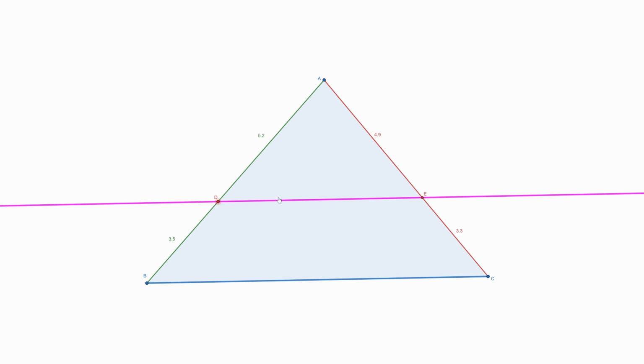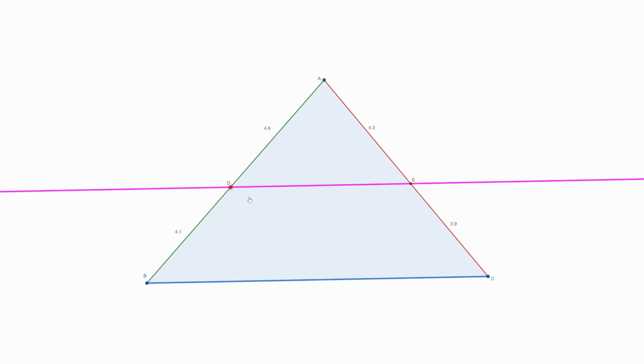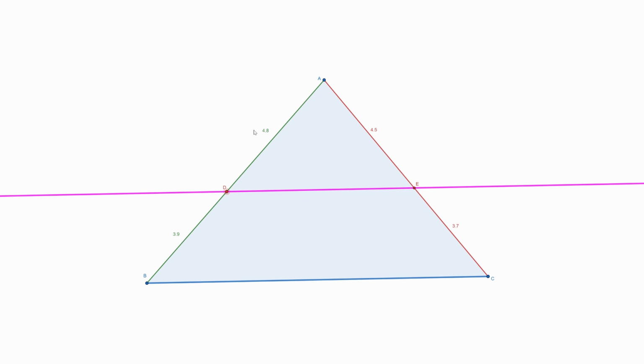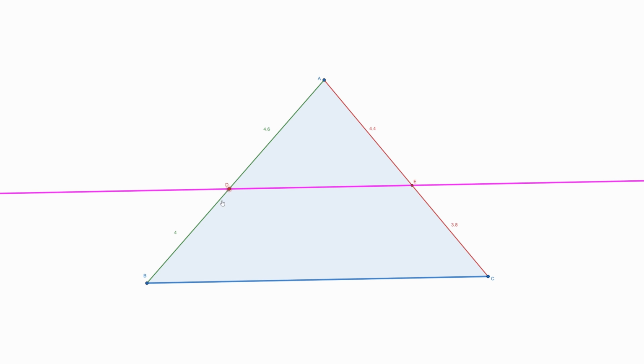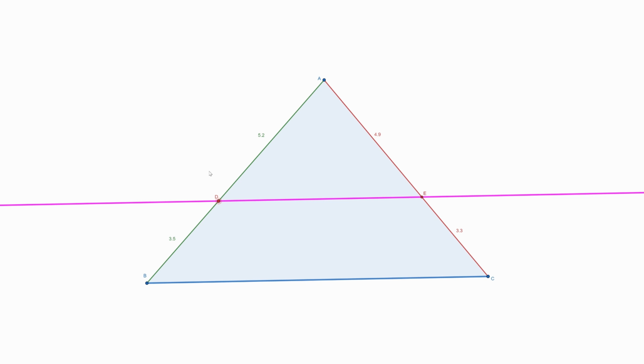At the same time, the red side is divided by point E into segment AE and segment CE. Look at the length. The length keeps on changing as I move the line. So length of AD is now 5.2 and length of BD is 3.5. Same on the other side.